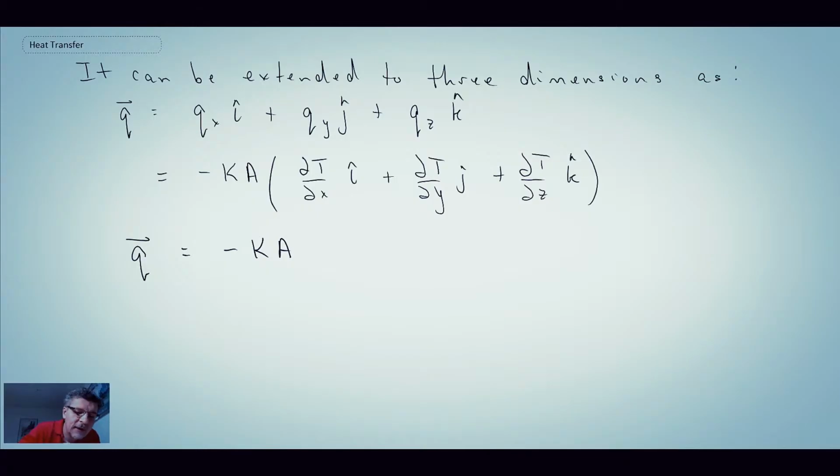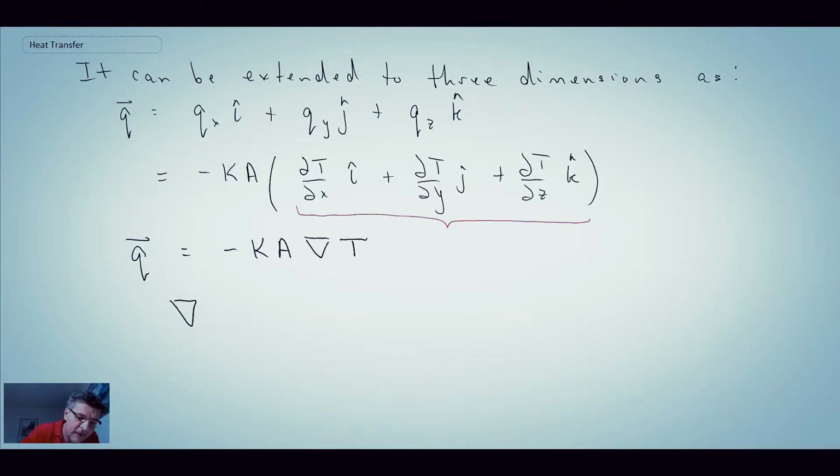And looking at what we have in the brackets here, if you review your vector mathematics, you'll recall that one of the vector operators is the gradient operator. And it's the gradient of the temperature T, which is a scalar.